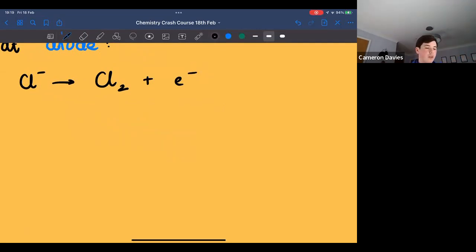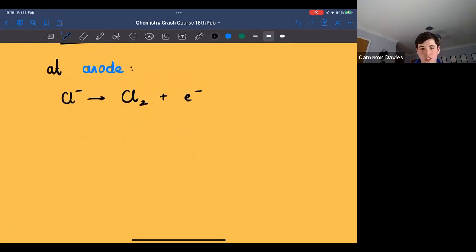However, we've now got an equation, but it's not balanced. We've got 1 chlorine but only 1 chloride ion, so we're going to need 2 on the other side. So we have 2 chloride ions go to make chlorine, Cl2. The only other thing we now need to balance is the electrons, so that we have 2 electrons. E- is the symbol for electrons.